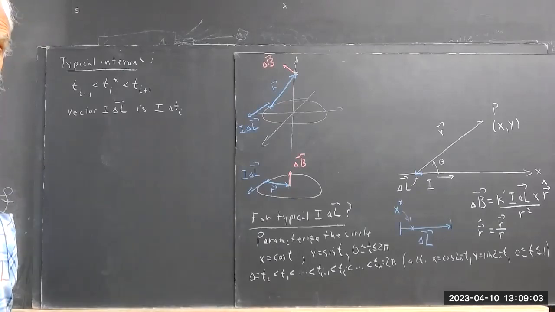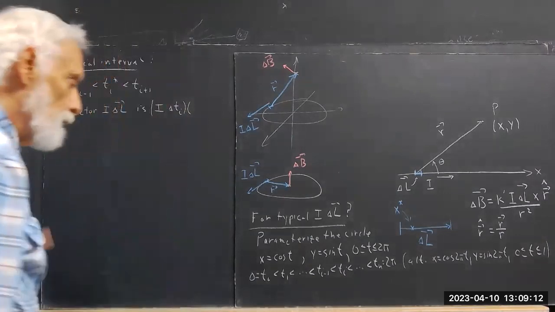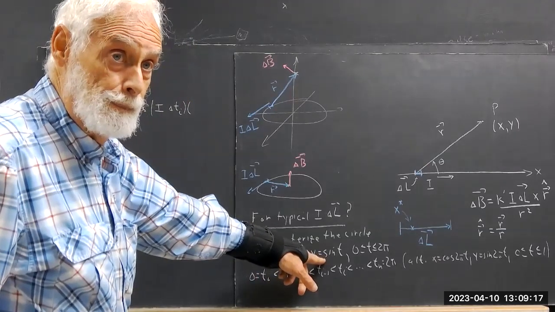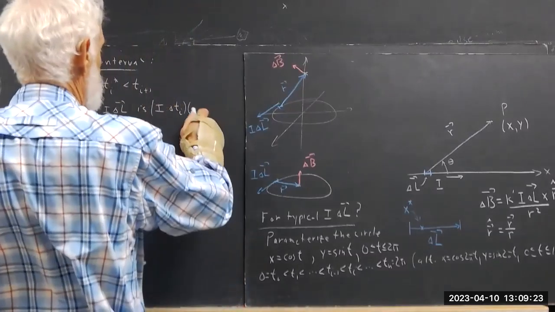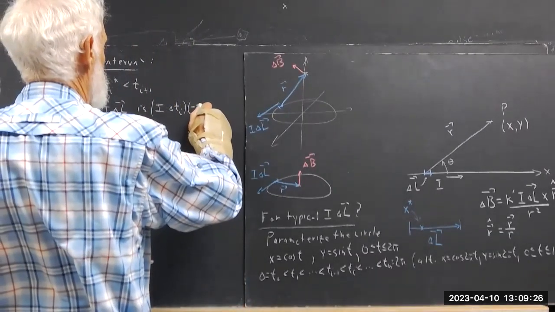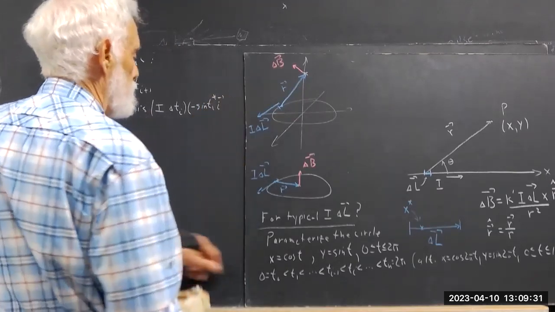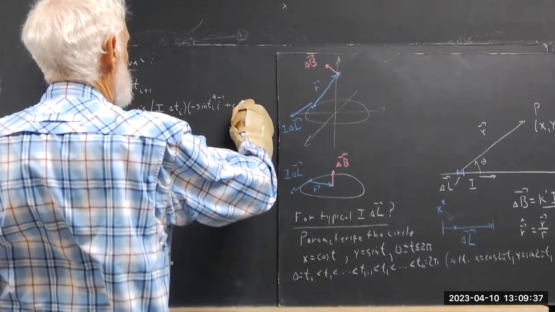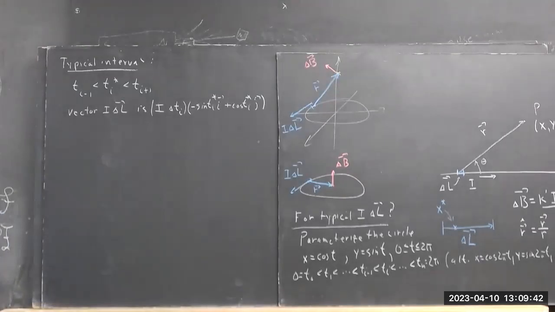But it's a vector. And it's a vector in what direction? Well, the derivative of the cosine is the negative sine, the derivative of sine is the cosine. So it's in the direction of this.